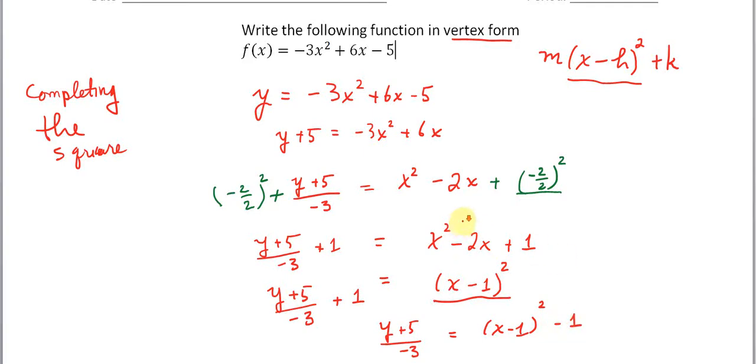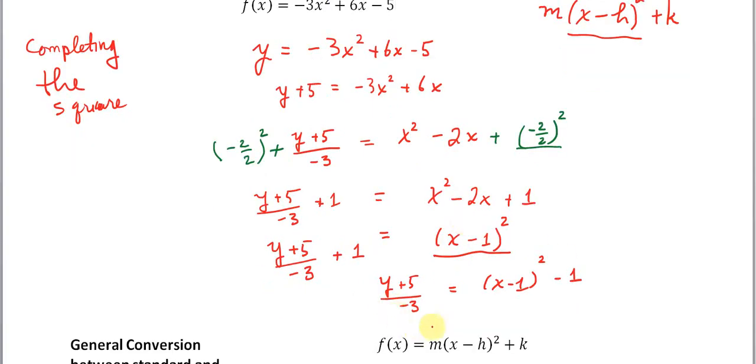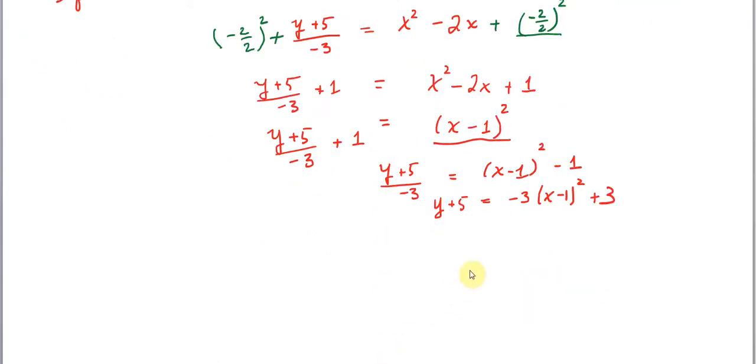And then multiply everything by negative 3. So I get y plus 5 is equal to negative 3 times (x minus 1) quantity squared plus 3. And then I'm going to subtract 5 from both sides, so we get y is equal to negative 3 times (x minus 1) squared minus 2.